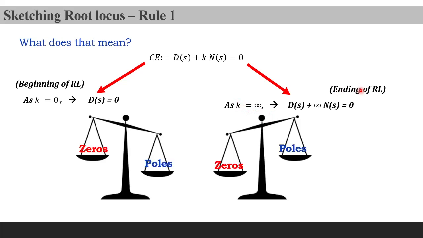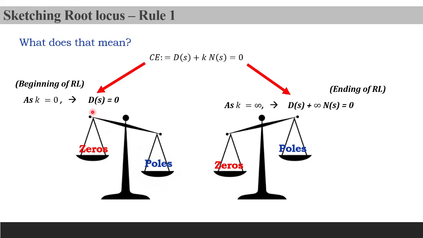And we can see here, if I put k equals 0 in this equation, this whole factor gets 0, and I'll get D of s equals 0, which means that poles get dominant and zeros get less dominant. And we can see that the location from where we start our loci is dominantly affected by the values of poles.